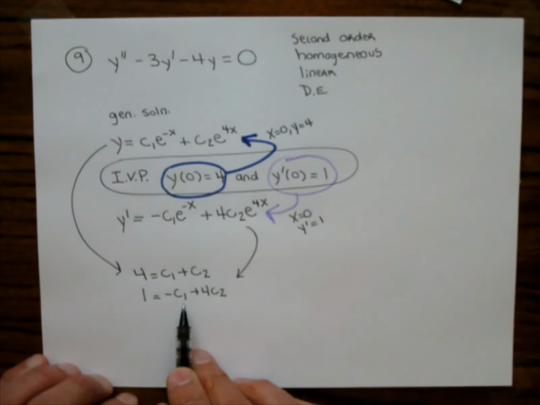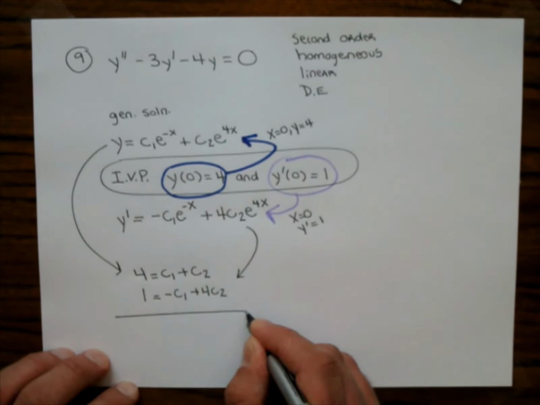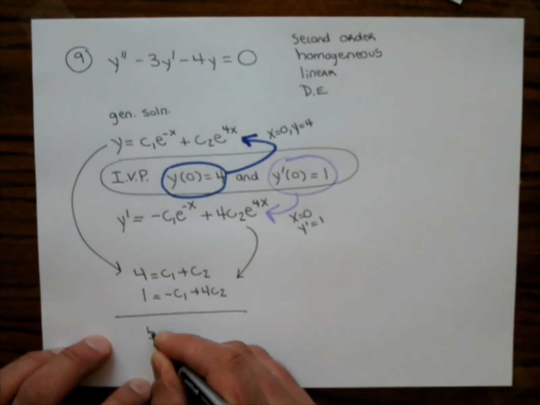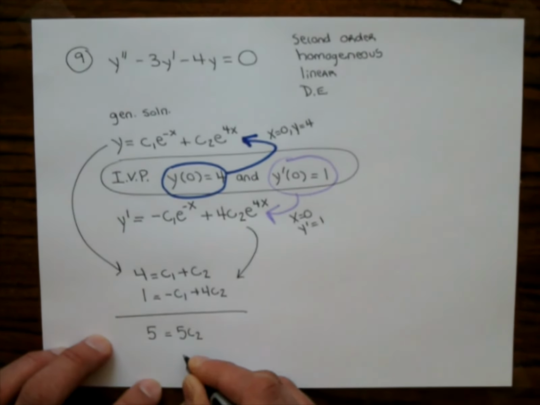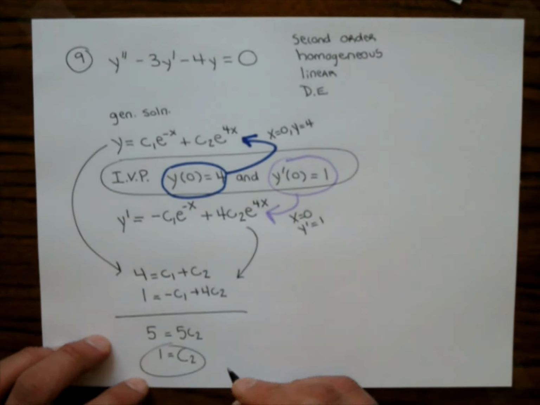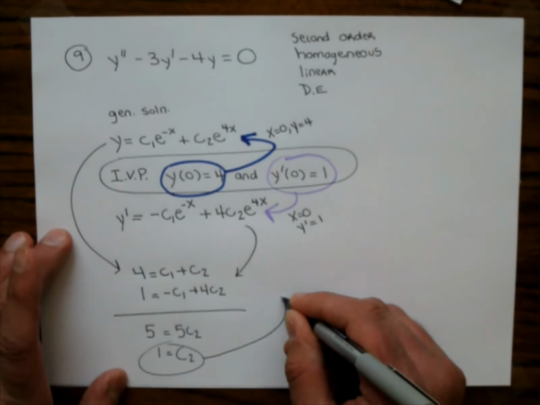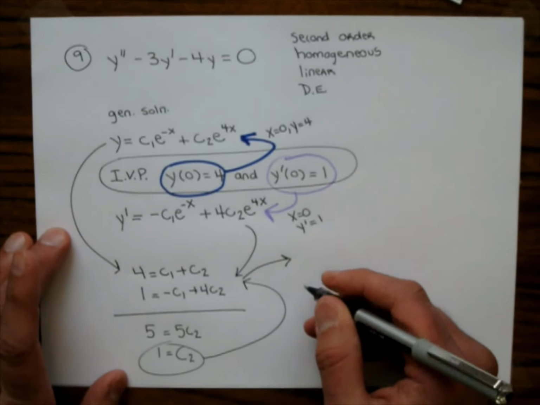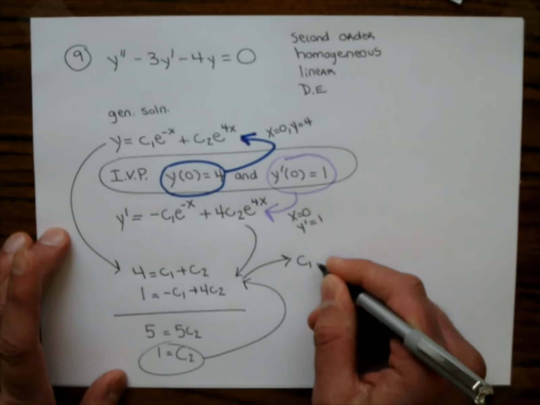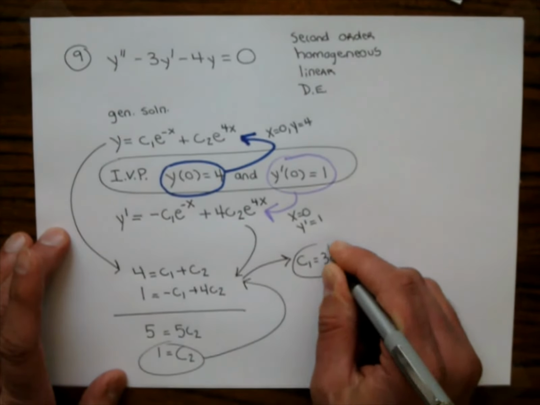So I could actually write an augmented matrix. I'm not going to do that. I'm just going to add those together, and I have 5 equals 5c2, and the c1s are out of there. c2 equals 1. And I'm going to plug that back into one of those equations, and I end up getting that c1 equals 3.